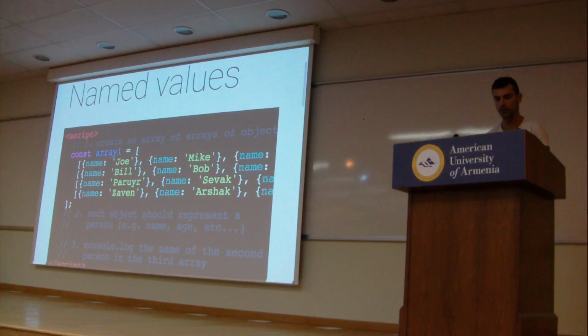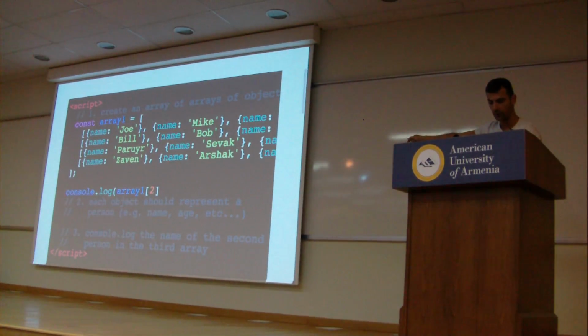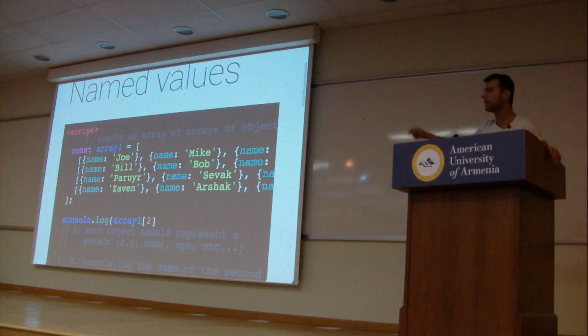2. Good. So I'm going to go and say console.log array 1, and then I'm going to say 2. Okay, so that will return to me this array, right? This whole thing. Then within that array, I have to return the second person. What is the name of the second person? Sevak, this guy, right?